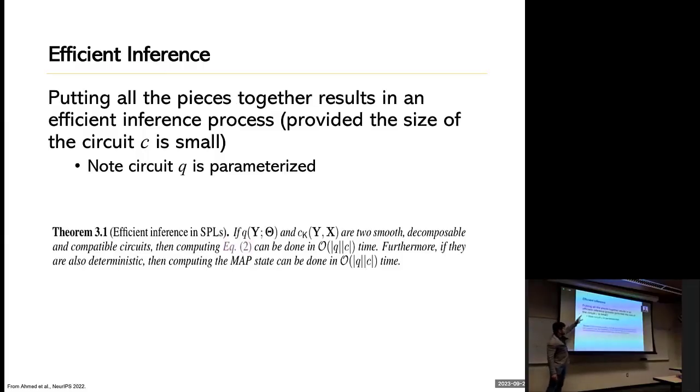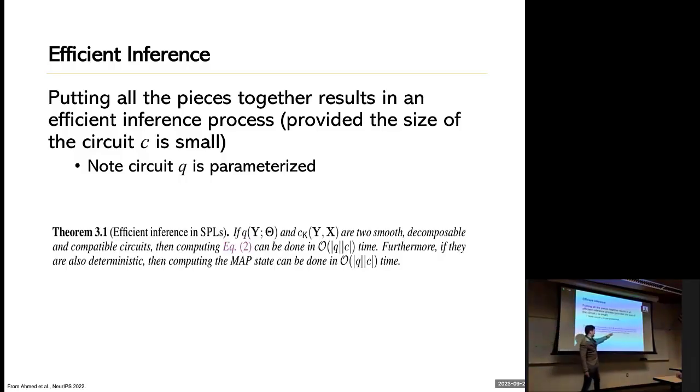So putting this all together, they provide a strong theoretical result that allows for efficient inference, where the complexity is the size of the Q circuit multiplied by the size of the C circuit.